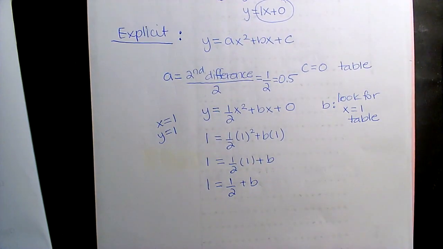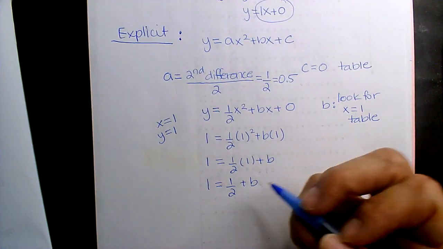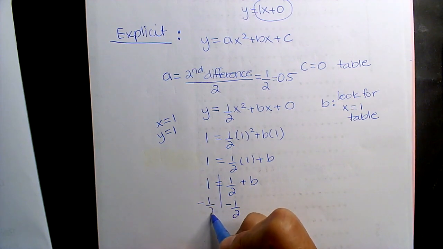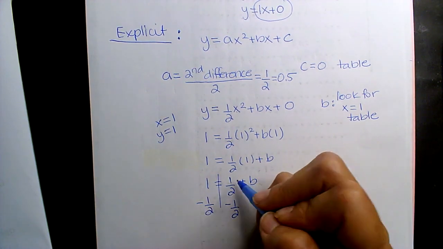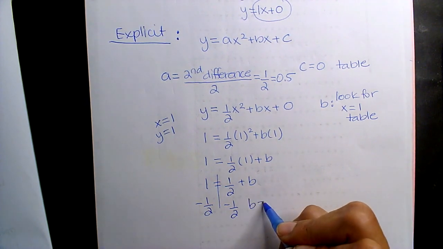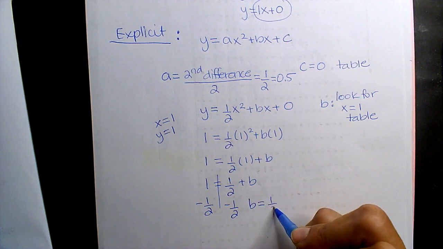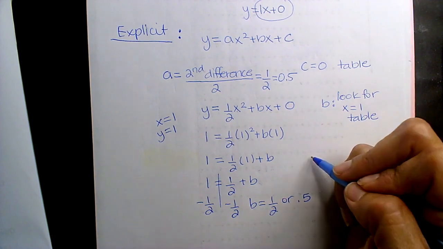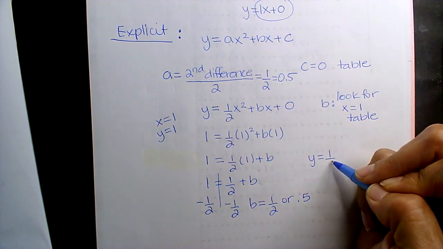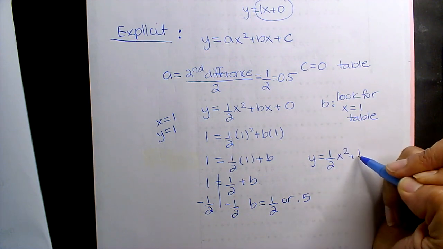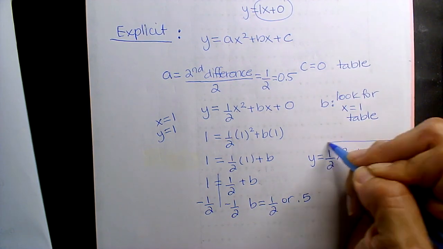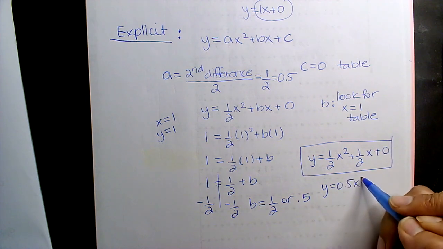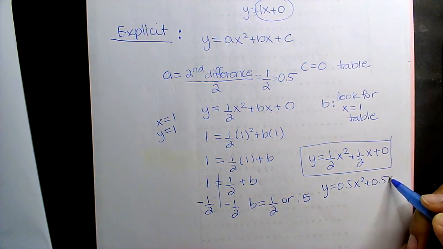So what's the value of b going to be? 1/2. By the way, if the 1/2 is throwing you off, you're welcome to write it as 0.5. So this is your explicit function: y equals 1/2 x squared plus 1/2 x plus 0, or 0.5 x squared plus 0.5 x.